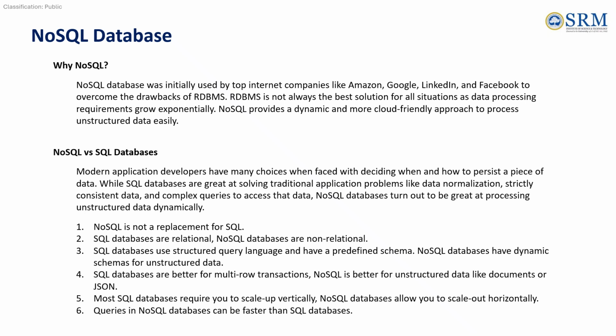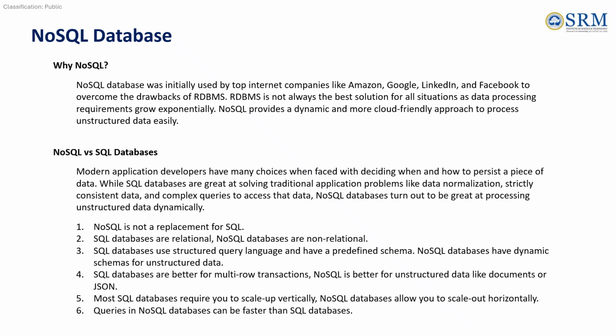SQL databases are very effective for applications requiring complex queries and strong consistency, especially multi-row transactions. NoSQL databases are more suitable for handling unstructured or semi-structured data such as documents, JSON files, social media content, and real-time big data applications.